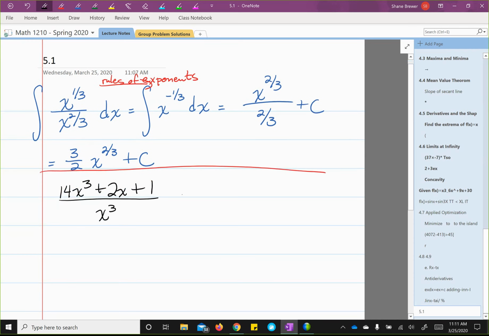You had to say, oh, I can break it up like this: 14x cubed over x cubed, plus 2x over x cubed, plus 1 over x cubed. Now each of those can be simplified and fit the power rule. If I were taking the derivative, that's what I would do. If I'm taking the antiderivative, this is what I'd do as well. And then I just use the power rule.